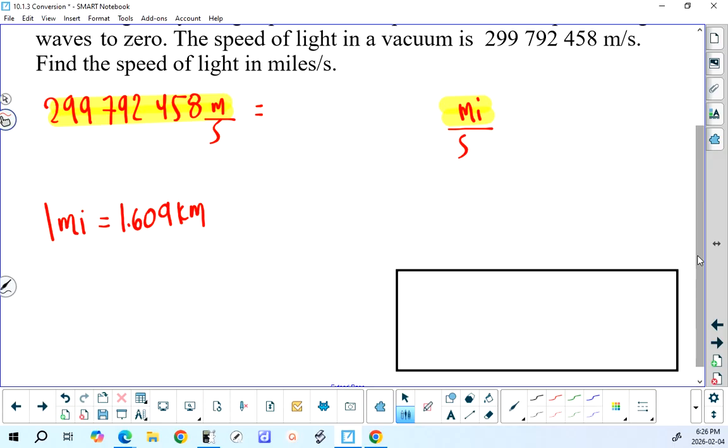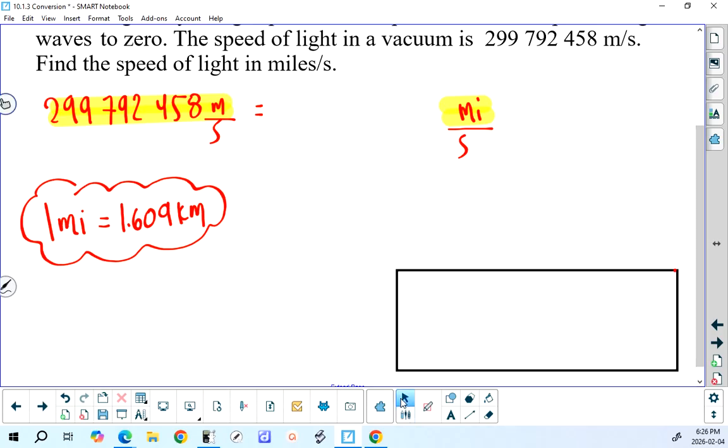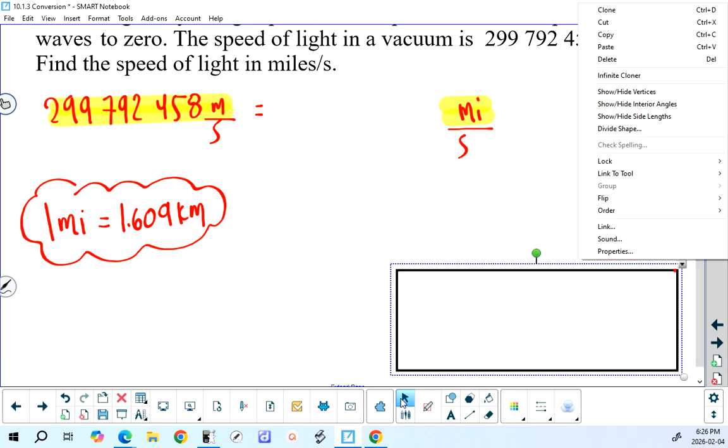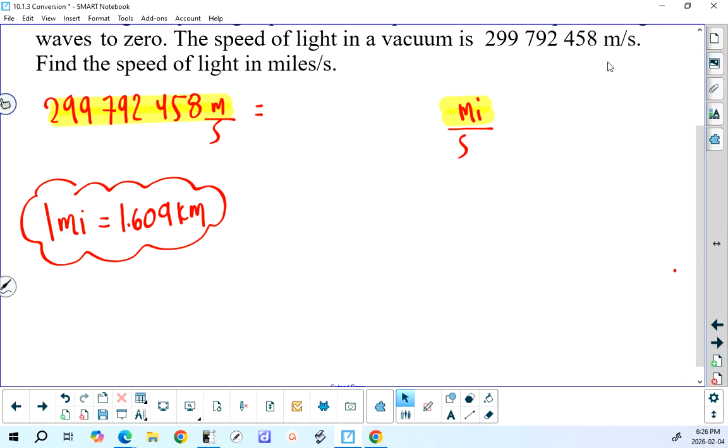So what we need to do, if we stick to the script, meaning we use this, is we have to take this 299,792,458 meters and convert it to kilometers first. And that is really easy, because to go from meters to kilometers, you divide by 1,000. So now the problem is this.